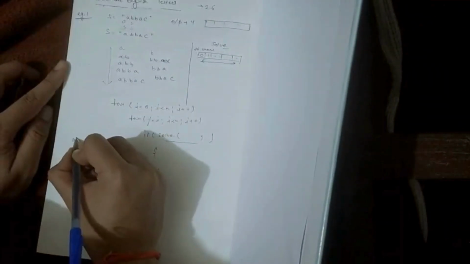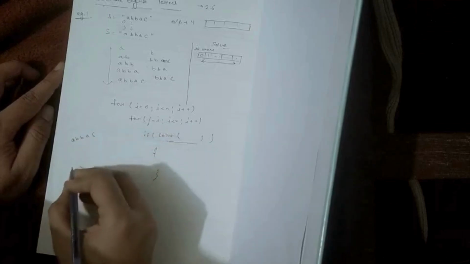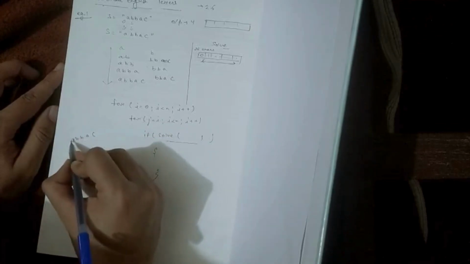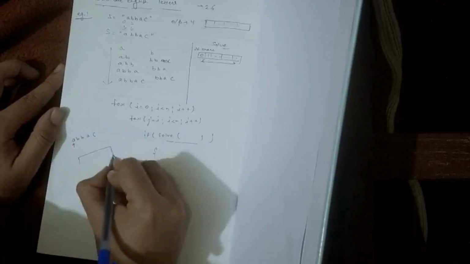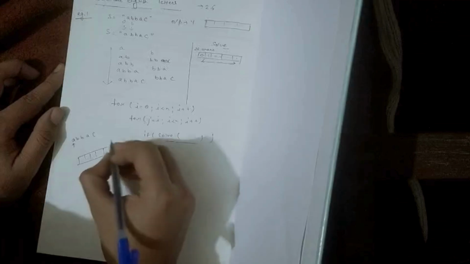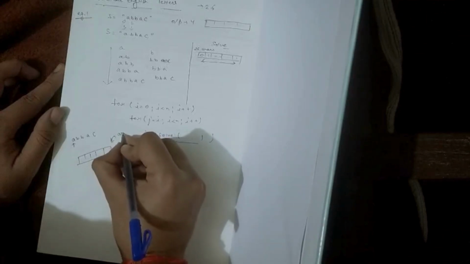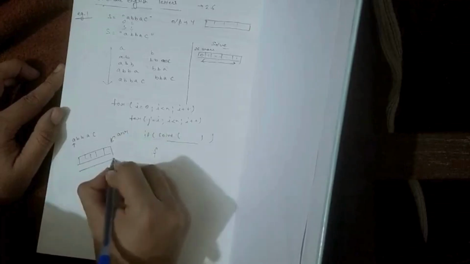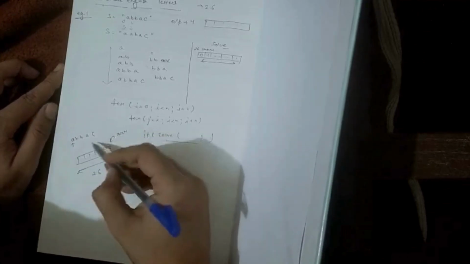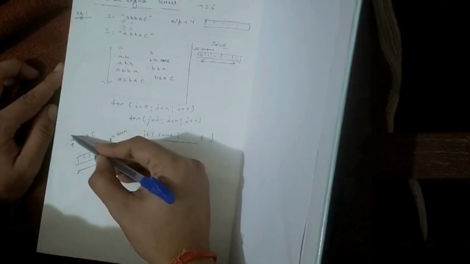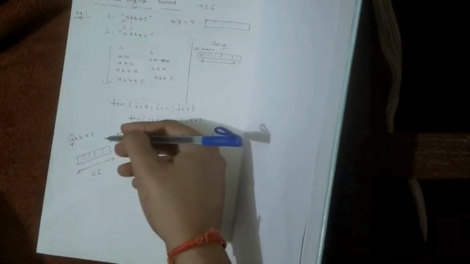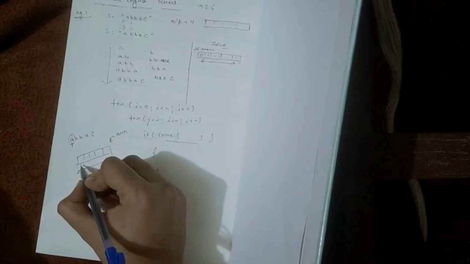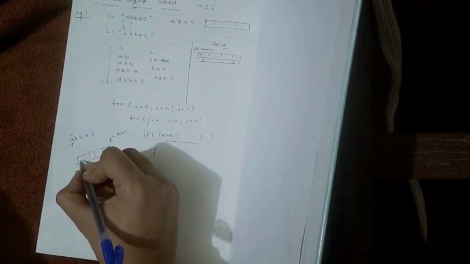For example, say there is a substring A, B, B, A, C. I'll use a 26-length vector, or you can say an array. If A is a character which came into your substring, go to the zeroth index and increase the value by 1.